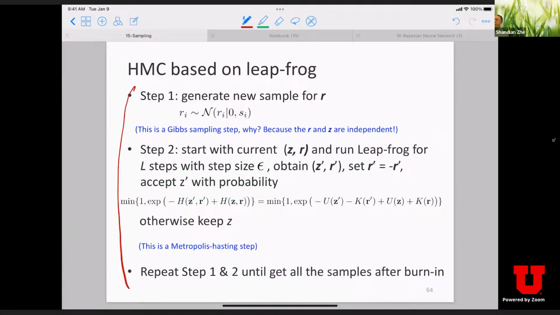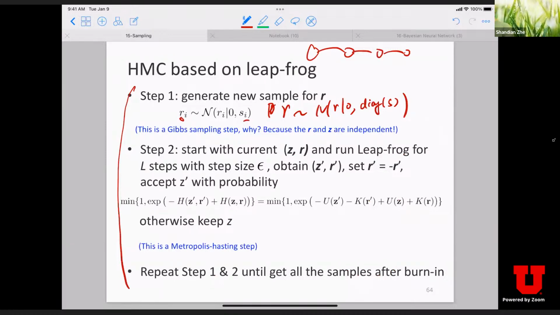To generate a new sample in my Markov chain based on the Hamiltonian system, first step, I'm going to sample a momentum random variable from the Gaussian prior. Here I just write it itemwise, but you can view it as a vector R sampled from the normal distribution with diagonal covariance matrix S, right? It's the same thing.